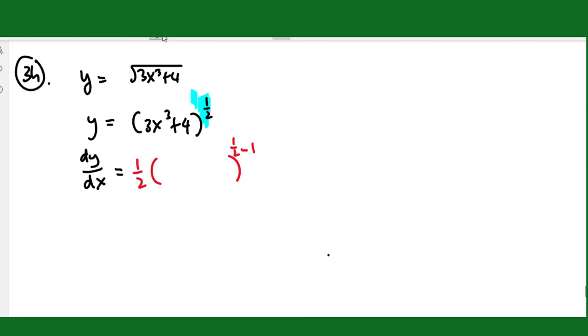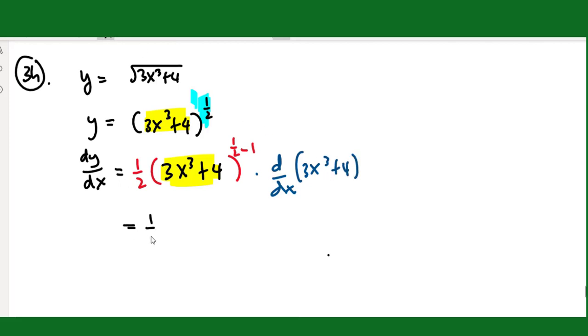Write everything here, copy whatever is inside; you cannot change it because we just copy. The next step, you need to differentiate whatever is in the bracket, 3x cubed plus 4. And this one is equal to, just copy, negative half.